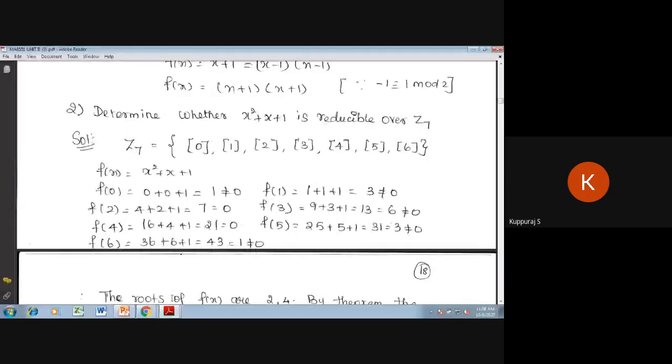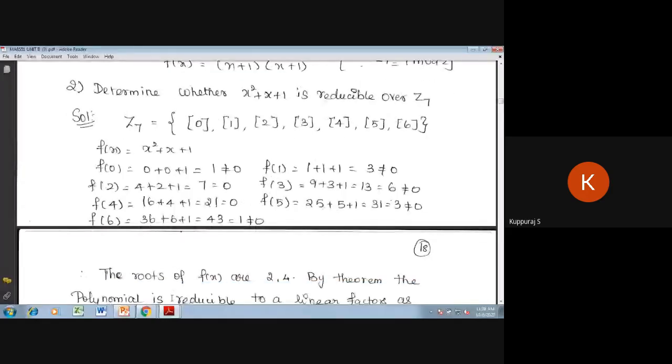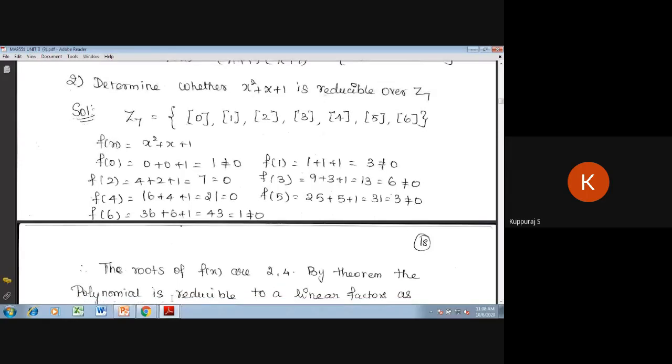So determine whether x square plus x plus 1 is reducible over Z7. So this problem is like the previous problem. So the Z7 set contains 7 classes, that is from 0 to 6. Okay, 0, 1, 2, 3 up to 6. So first you have to identify the roots.